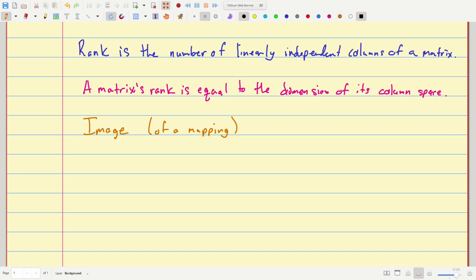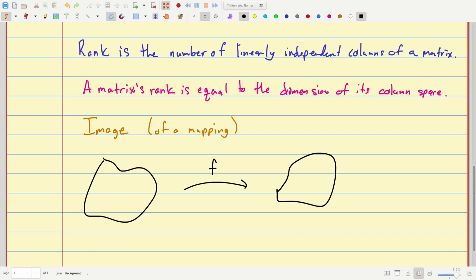In mathematics, there is the idea of having some set, and then I have some function f that will take the elements of this set and map it over here to some other spot.